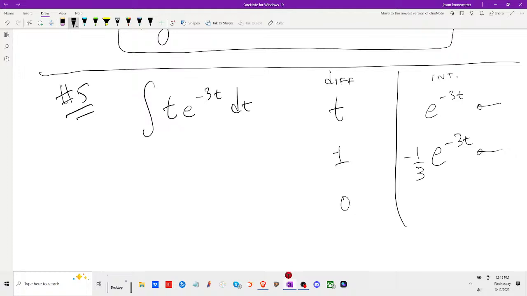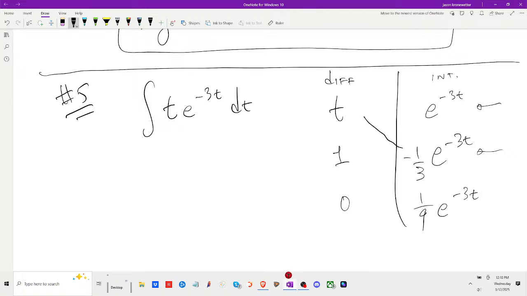So that's the antiderivative. And the antiderivative of this guy will be negative 1/3 times the same thing again. So it'll be positive 1/9 e to the negative 3t. And you can take the derivative of this just to make sure that you get back again.